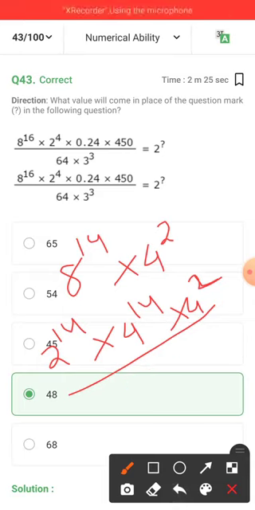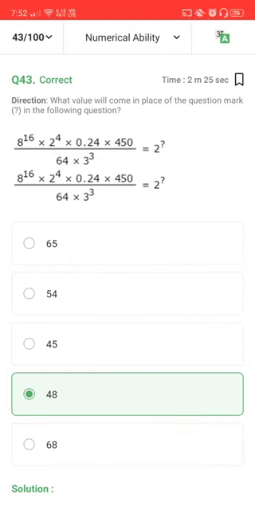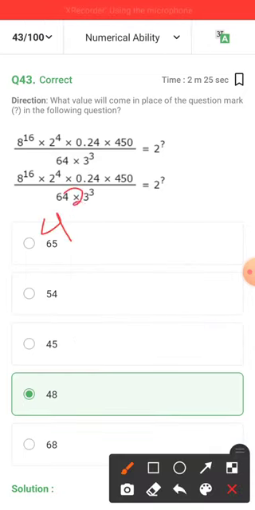So when we do this, we get this value became 4 raised to 7. So 7, 14 plus 7, 21, 21 plus 2, 23. So we get 4 raised to 23.